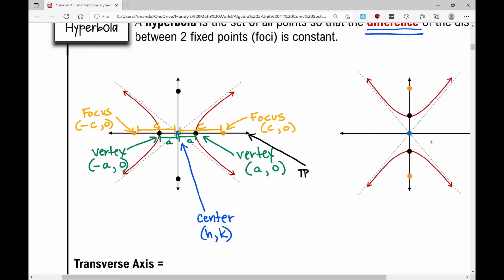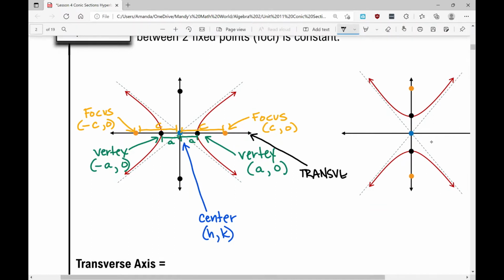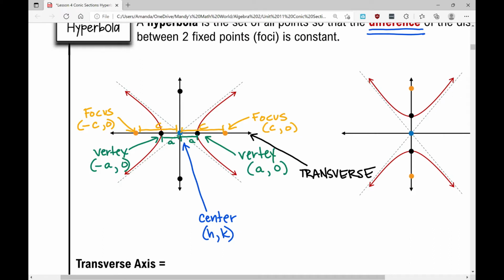I'm going to write that in all caps. This is your brand new vocabulary word. That's like your main axis, almost like your major axis. That's the axis that has your vertices on it, and the axis that has your foci on it, and it's called the transverse axis.